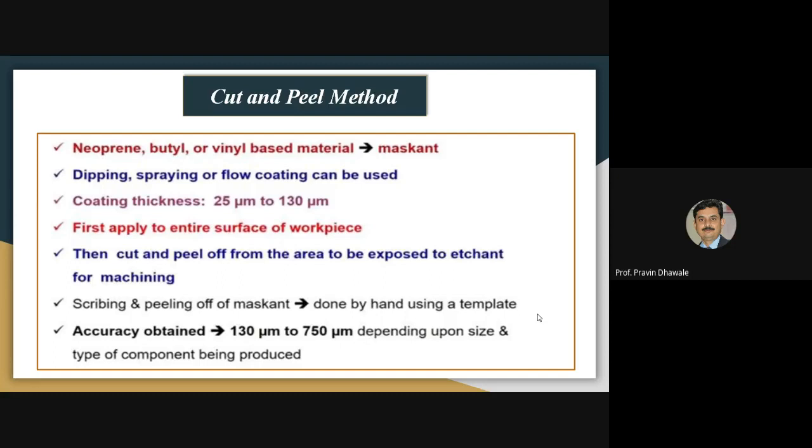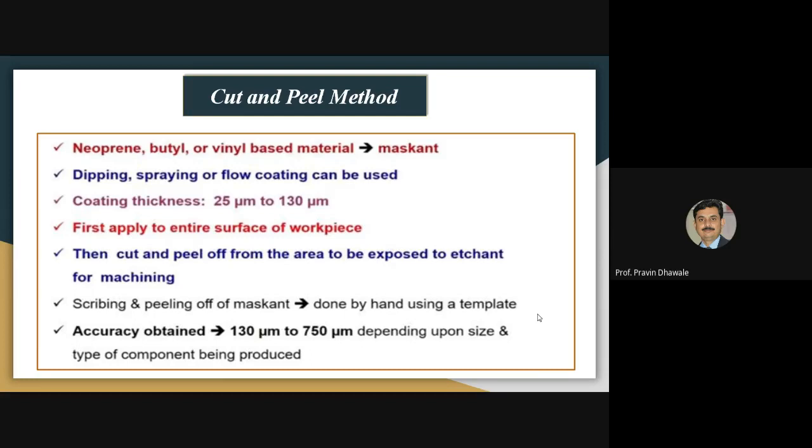Accordingly, that shape is peeled out from the workpiece and exposed to machining using the etchant. Scribing and peeling of the maskant is done using hand templates. These templates are used to cut the maskant as per the desired shape.